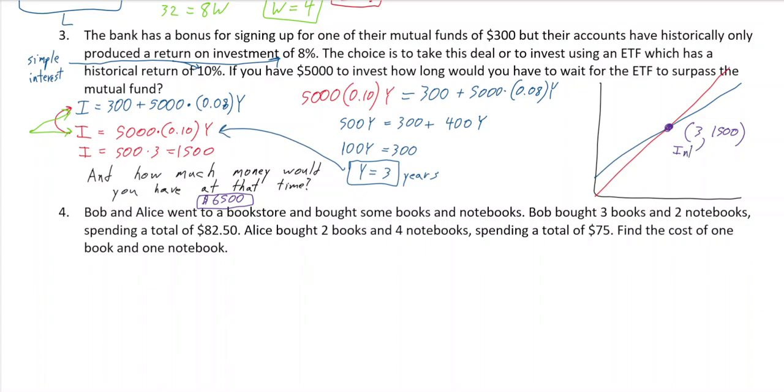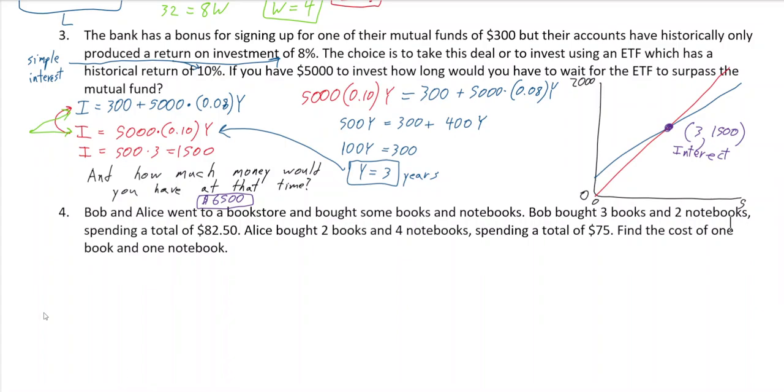And so that would be a very good way of showing your work for a graphical question. 0 to 2000, 0 to 5.